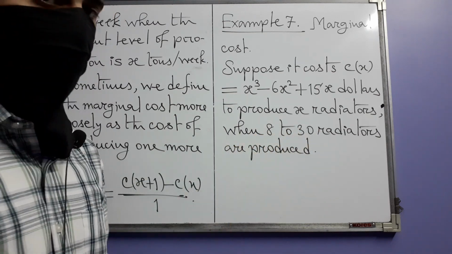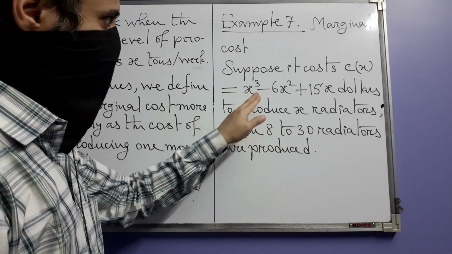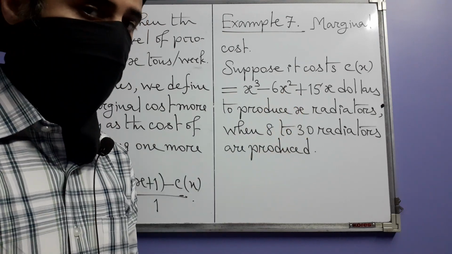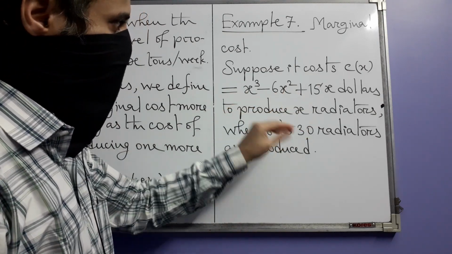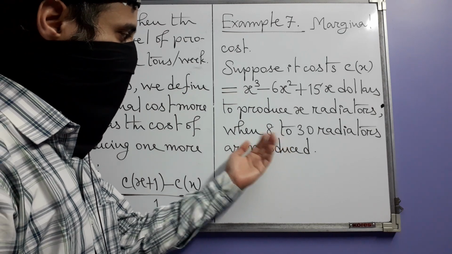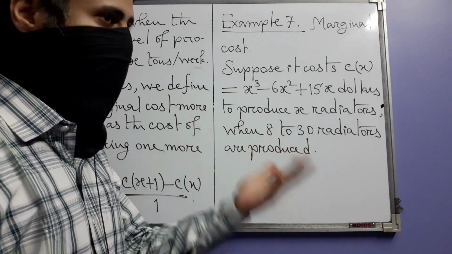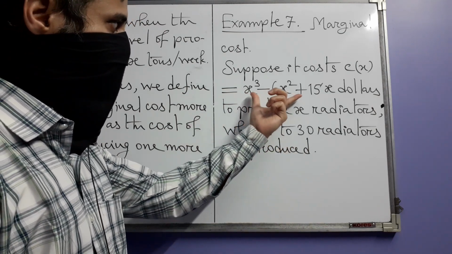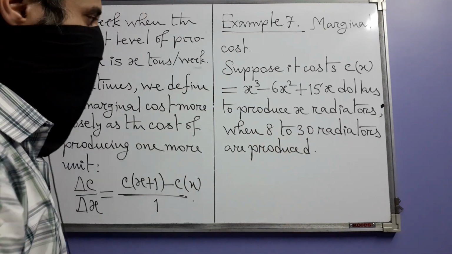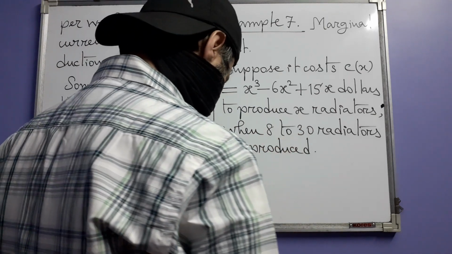Within that range of production, the cost of producing x radiators is given by this formula. So the formula works only within that range. If your production is less than 8 radiators or more than 30, then most likely this formula does not really give you the cost very well. Okay.